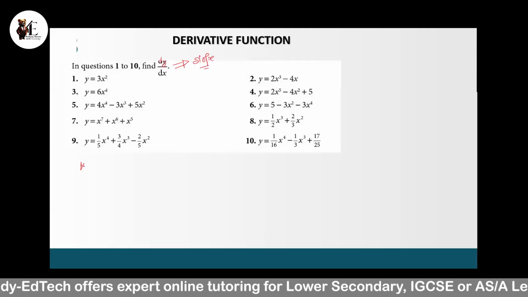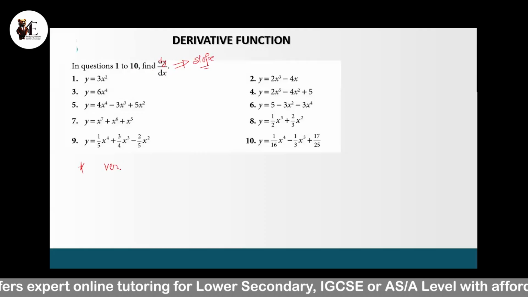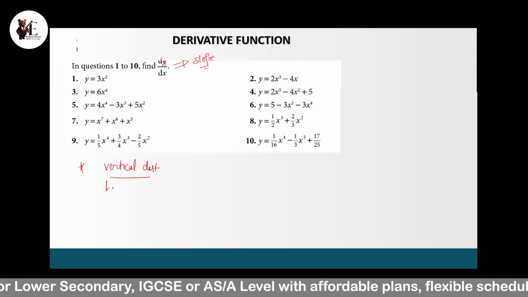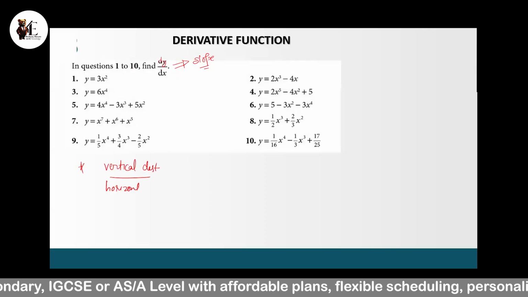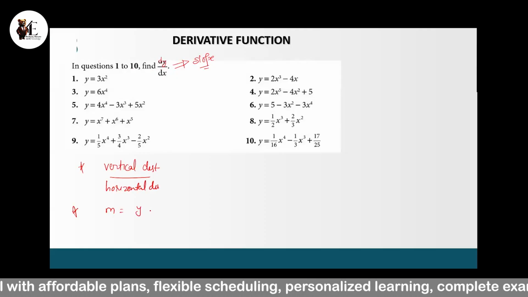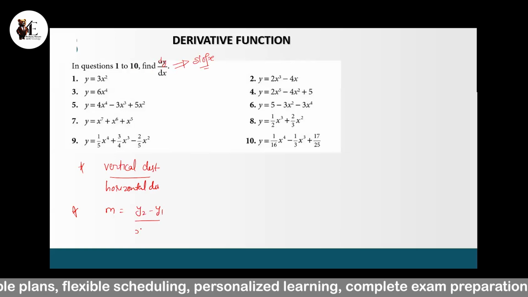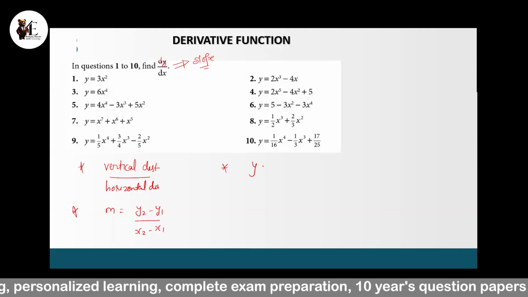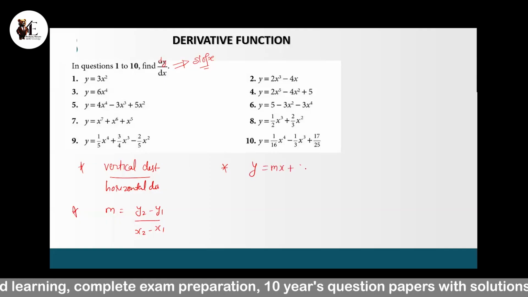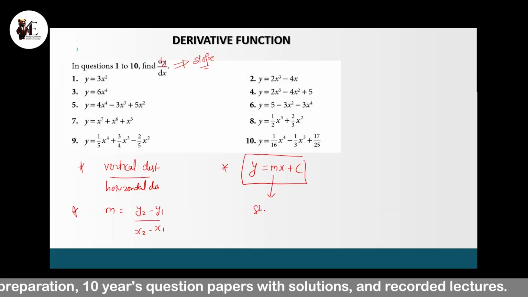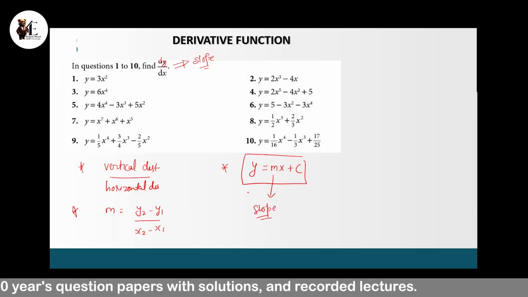We have covered these formulas to calculate slope. First one was vertical distance over horizontal distance. Then when the line was passing through 2 points, it was y2 minus y1 over x2 minus x1. And when the equation of the line is given, y equals mx plus c, we represent the equation in this form, and the coefficient of x will be the slope. So these are the three formulas we have covered to calculate gradient.